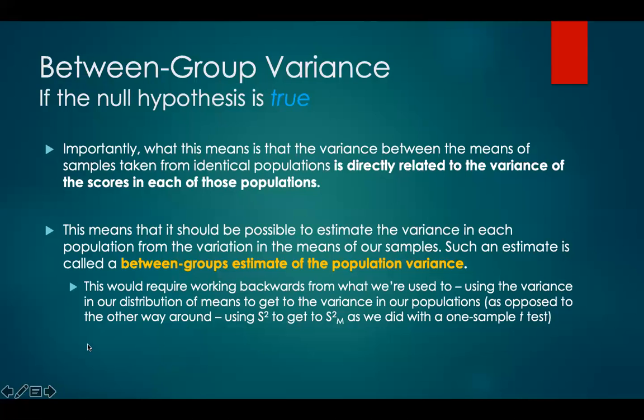This would require working backwards from what we're used to, using the variance in our distribution of means to get the variance in our populations, as opposed to the other way around, using our sample variance to get the variance of the distribution of means, as we did with the one sample t-test.